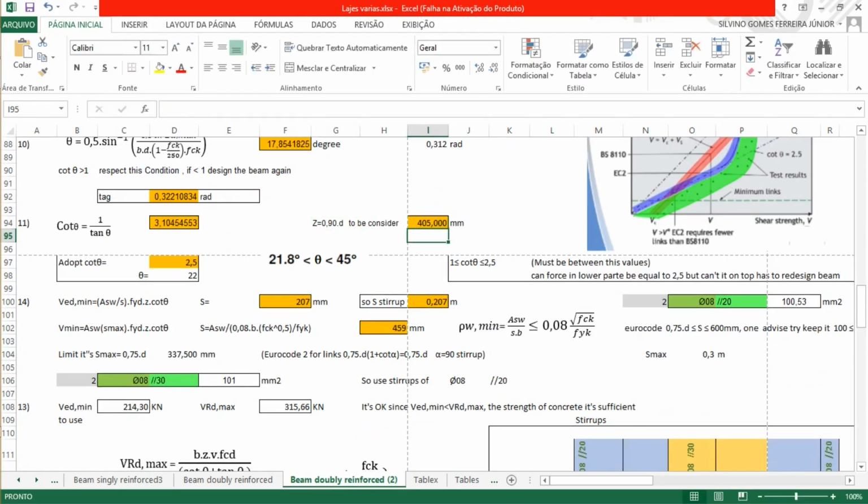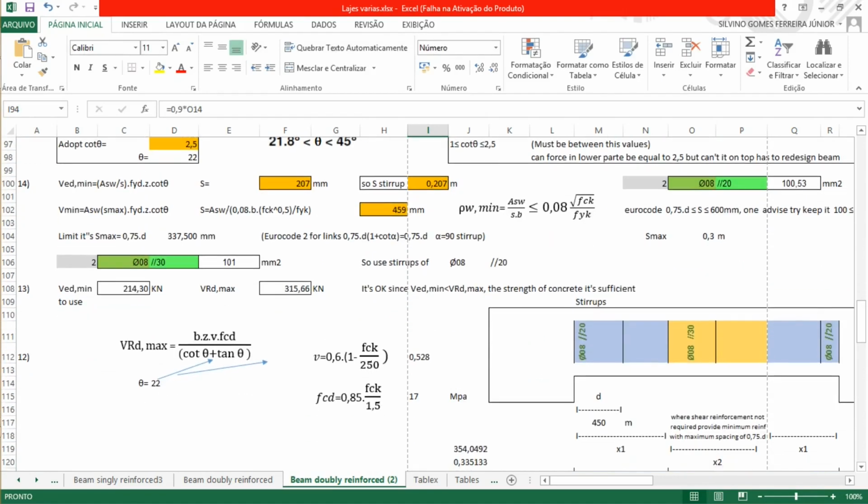So it will be equal to B multiplied by Z multiplied by V multiplied by FCD over cot of theta plus tan of theta, at 22 degrees, that is the limit we adopt. So the V will be equal to 0.6 multiplied by 1 less FCK, that is the concrete resistance of 30, over 250, which gives us 0.528. Okay, and the FCD we're going to use from this equation.